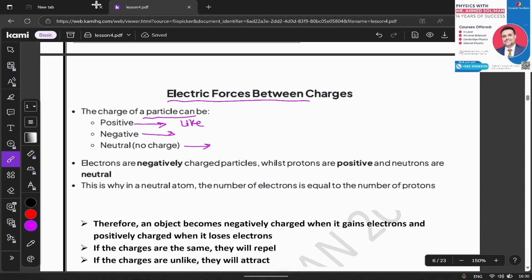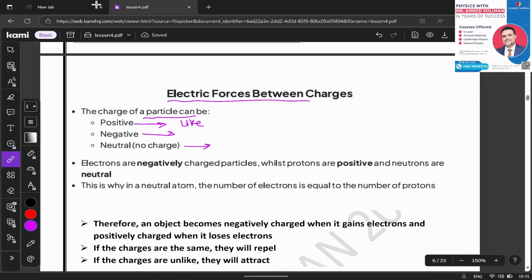Yes, a particle that carries a positive charge in the atom. Nucleus. Okay.